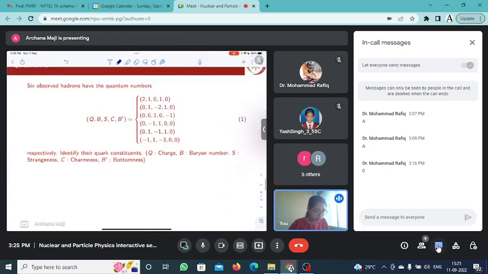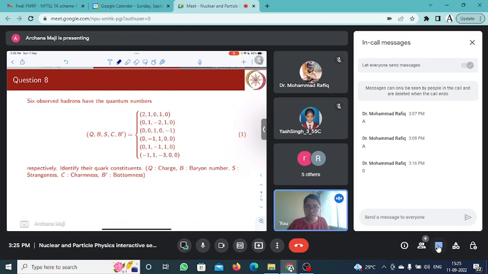So quantum numbers are given to you, you have to construct the hadron. So a hadron can either be a baryon or a meson. If it is a baryon, it will be made up of 3 quarks. If it is a meson, it will be made up of 1 quark and 1 antiquark. Right?